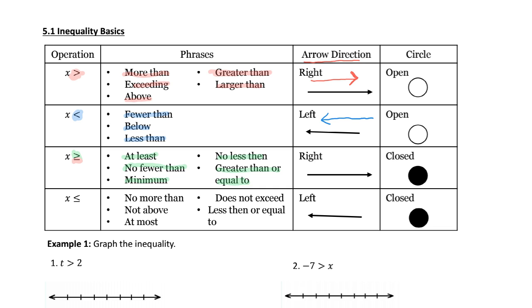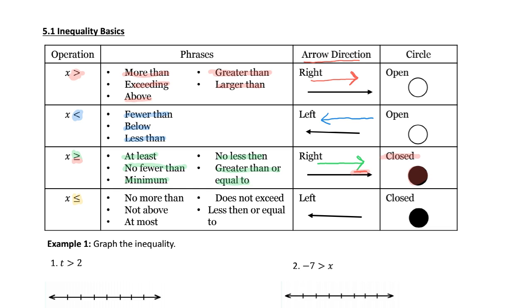The arrow faces in the same direction. Here's our inequality symbol. Draw a line coming out of there. We know our arrow's still going to the right. But again, what's important is that it has that line underneath of it. So that means it's a closed circle, because of this line.